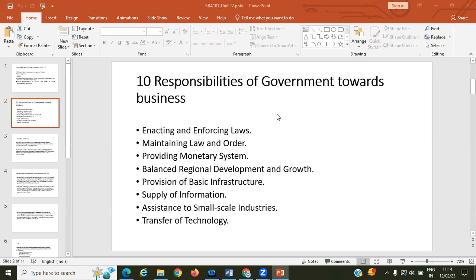Then government is promoting those technologies, how villagers, how our people can use new technology and get used to it. The government is promoting all those things.